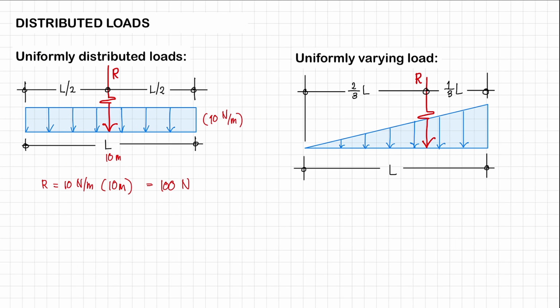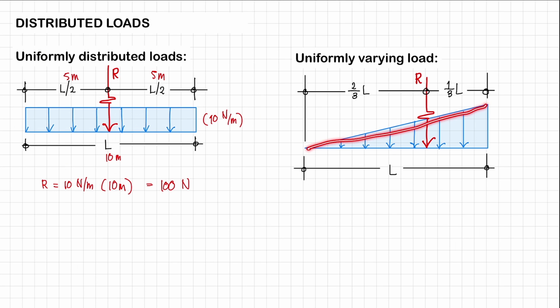The location of that resultant is on the centroid of our loading diagram. Since a uniformly distributed load is a rectangular loading, it occurs at the midpoint of the total length. Since we're considering 10 meters, this is going to be 5 meters, 5 meters.